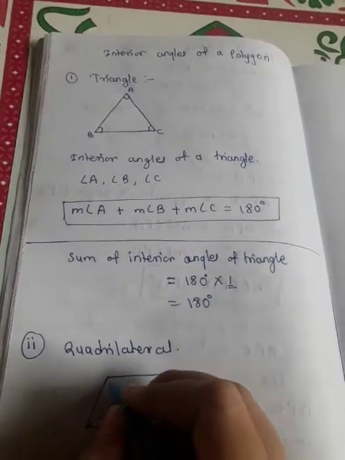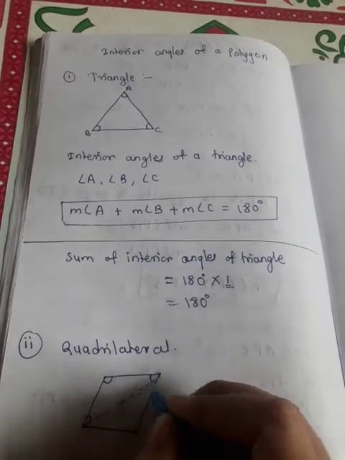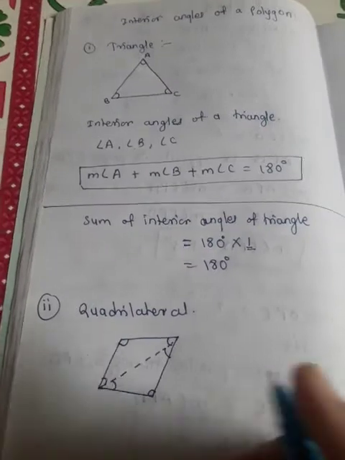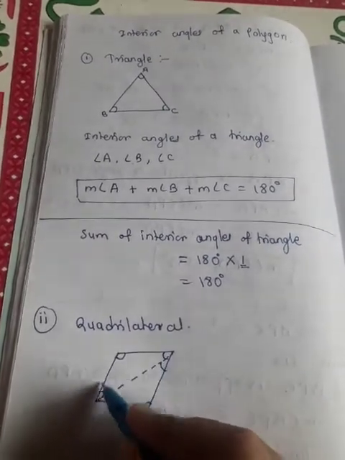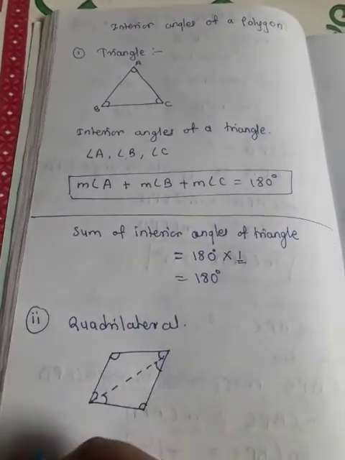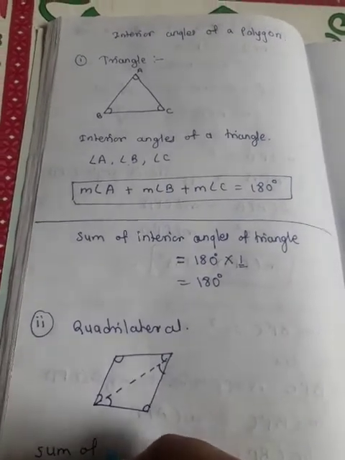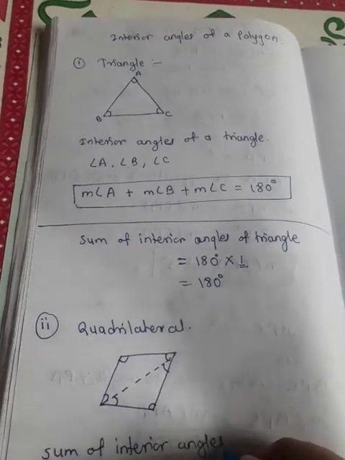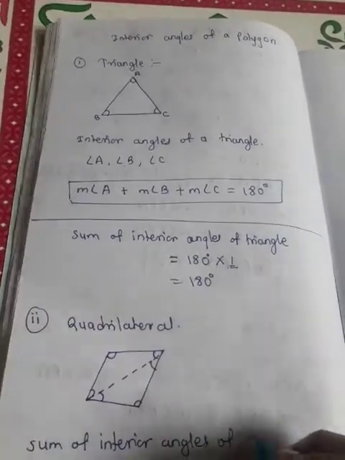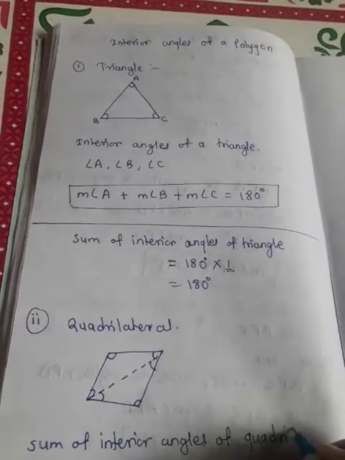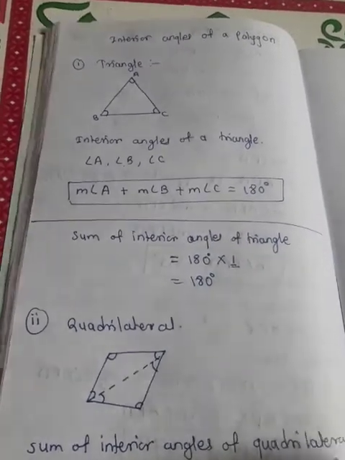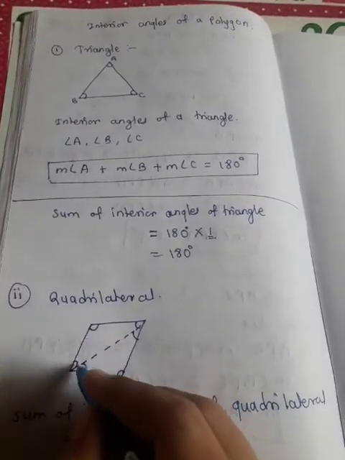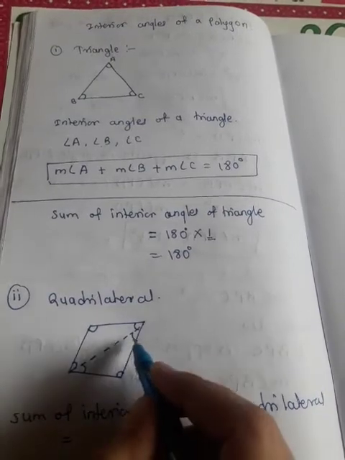Now see, in this triangle there are three interior angles, and in this triangle there are three interior angles, and we know the sum of interior angles of a triangle is 180. So how many interior angles are there in this quadrilateral? 1, 2, 3, 4, 5 and 6.